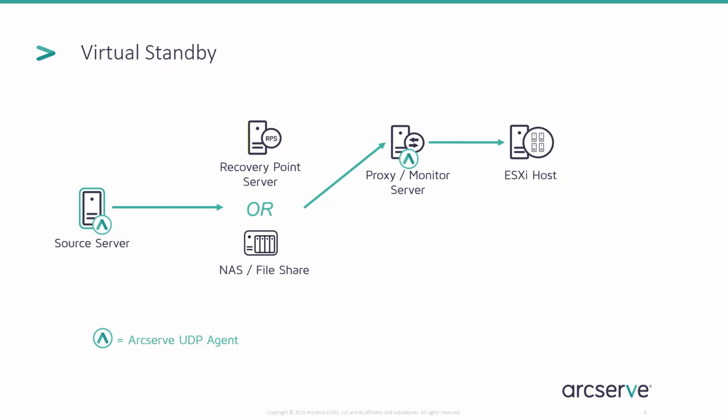But usually, we recommend the use of a proxy so that the processing of the conversion can be done off the source machine. That will then put the data as a VMDK and a virtual machine on the ESXi host, from which we can then power on the virtual standby machine when needed.